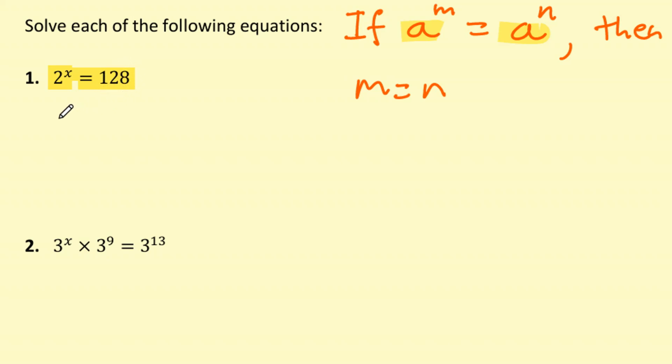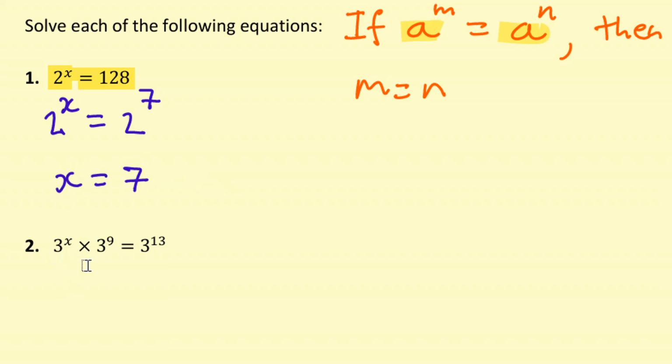And using prime factors, we know that 2 to the power x will equal 2 to the power 7. In other words, 128 is 2 to the power 7 using prime factors. Now the bases are the same on both sides, and that means by this exponential law, the powers must be equal. In other words, x must equal 7.